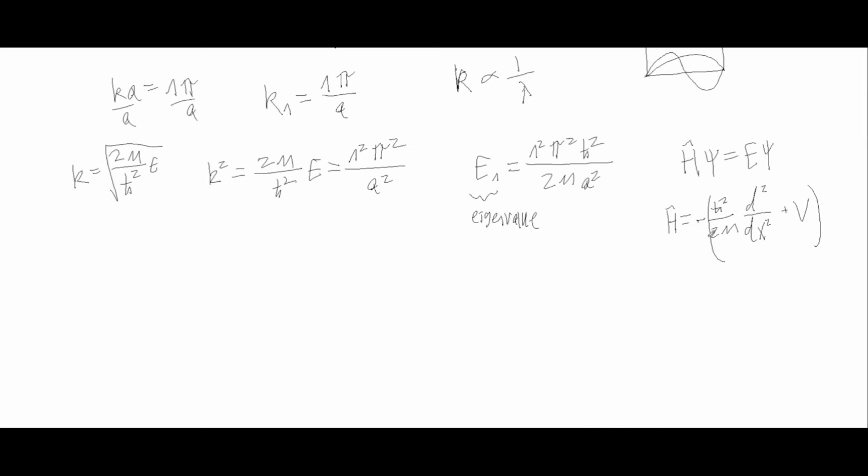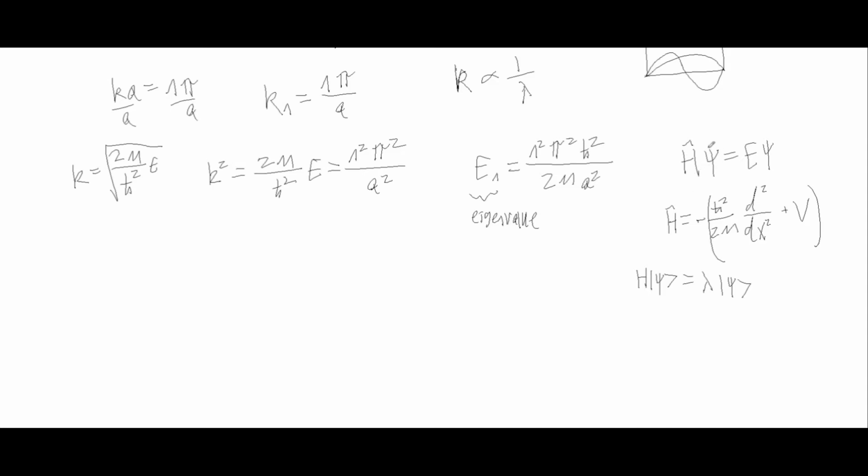If you remember from my videos on spin, where I talked about how we have a Hermitian operator, and I was using the Dirac formalism in those videos, that is equal to some eigenvalue multiplied by the ket vector. So it's the same form as that, where we have this operator.